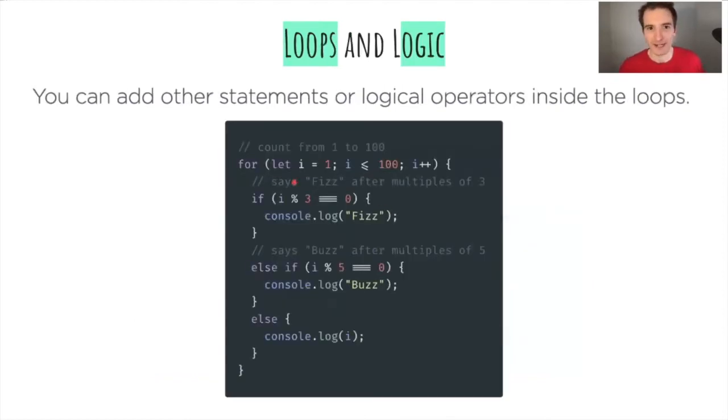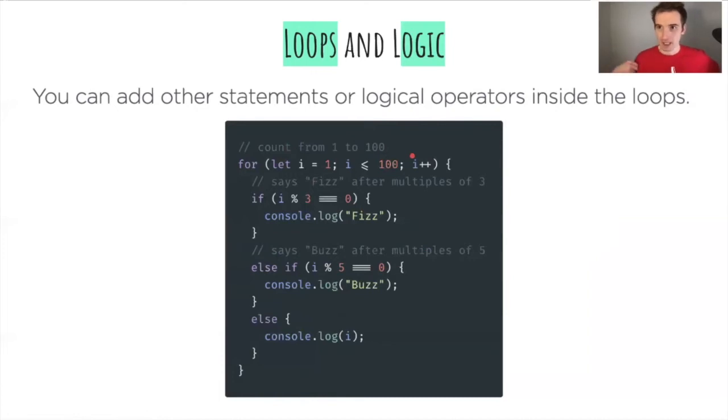Okay, so we can add logic on top of for loops to do some interesting stuff here. So this is a really famous programming game called FizzBuzz. And the deal is that it's counting from 1 to 100.